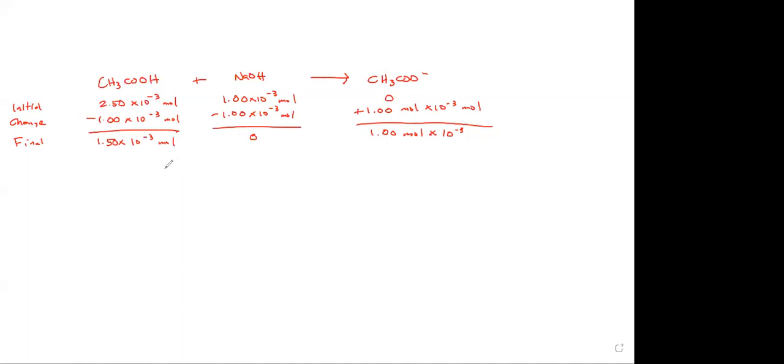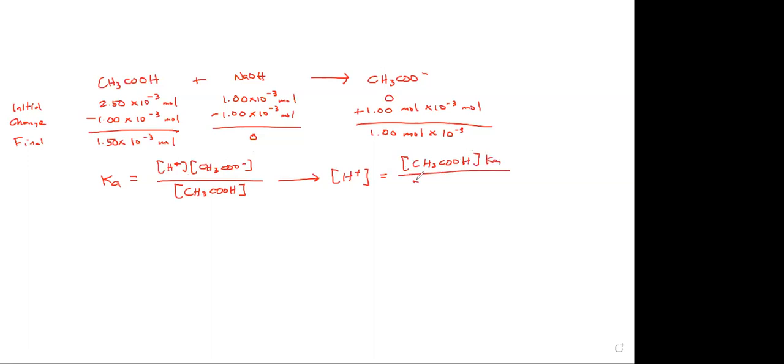So if we're going to get now, based on the Ka equals the H3O plus or the H plus times the CH3COO minus over CH3COOH, and then we rearrange this one. So you will have what? The H plus equals CH3COOH times Ka over CH3COO minus.